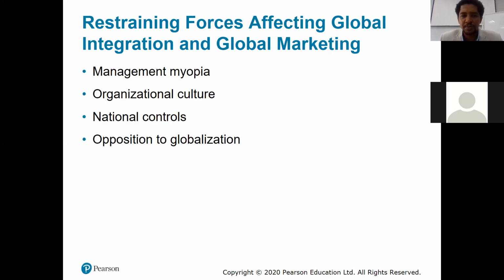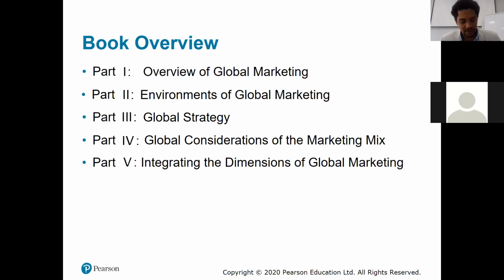National controls could be another, and opposition to globalization, just like we said, globalization in reverse when it comes to Donald Trump's idea of America first, which is in opposition to the idea of globalization, might affect global integration and global marketing. Okay, good. So this is all about our first chapter.